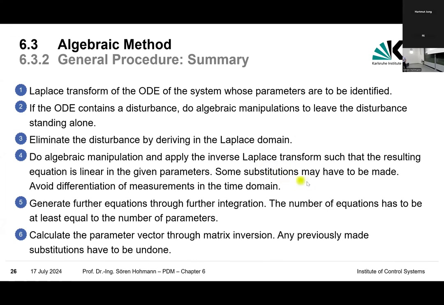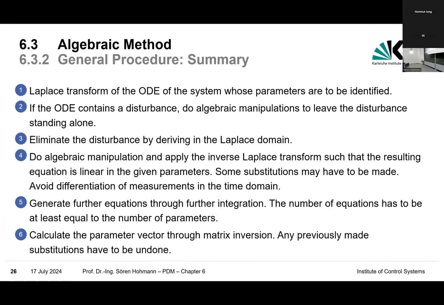Later on, you try to reduce the number of derivatives in the equations by dividing with s. And last but not least, we transform it back into the time domain and end up with one single equation with integrals.